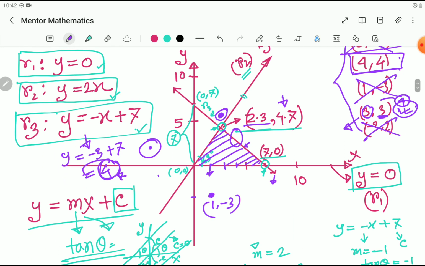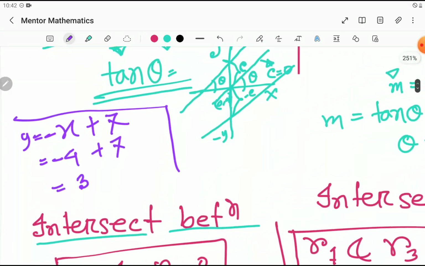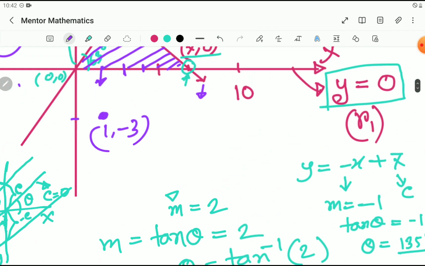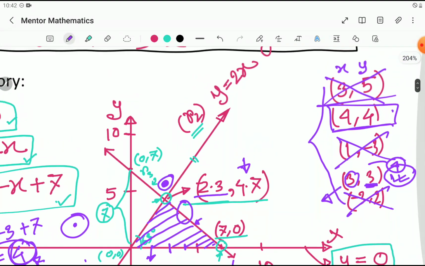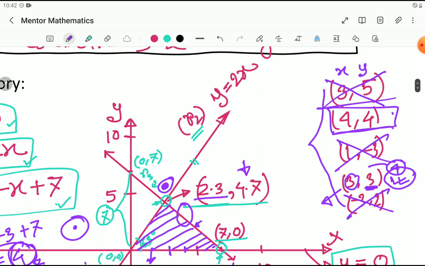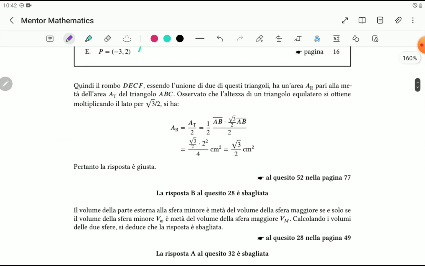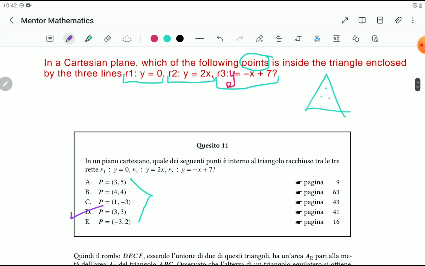So when we input 4, we got 3. Actual value 3. But here the point given is 4, 4. That means it's outside. So this also not the answer. So we got the correct answer. 3, 3 is inside the triangle. So therefore our answer is D.